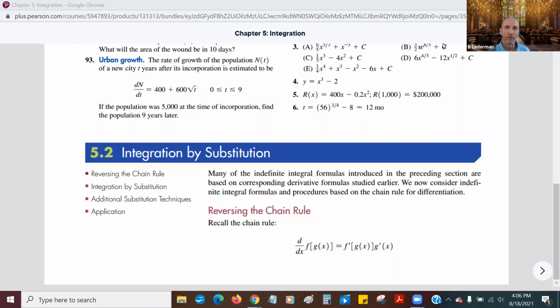In every case, the integral means I'm asking what function I have to differentiate in order to get the thing that's inside the integral. Sometimes it's very easy and blatant to recognize, and sometimes it's not so simple. So we're going to take advantage of something we learned when we were doing derivatives: the chain rule.